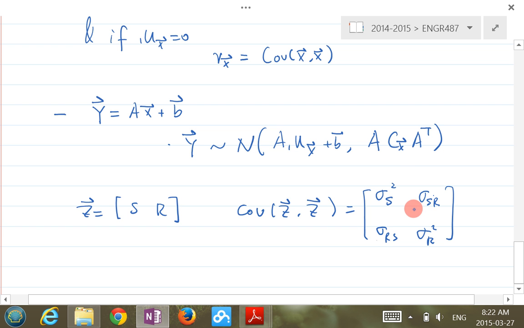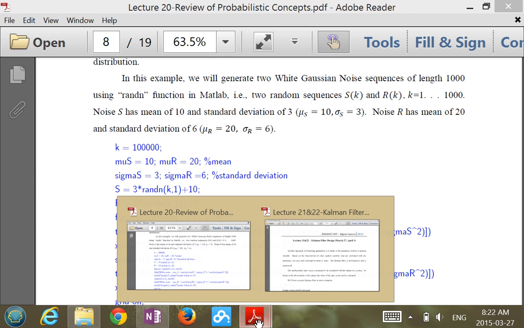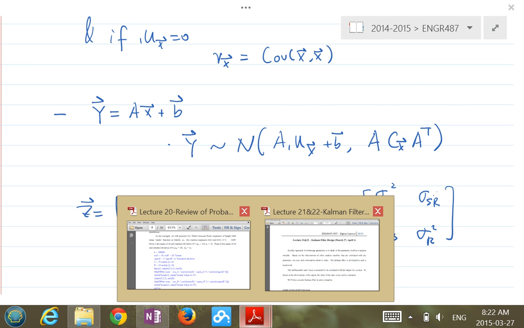The way we created these, we used a normal distribution, so S and R are supposed to be independent of each other. Given a sufficiently large number of samples, since it's not an infinite number, these two numbers should be close to 0. You can verify that.